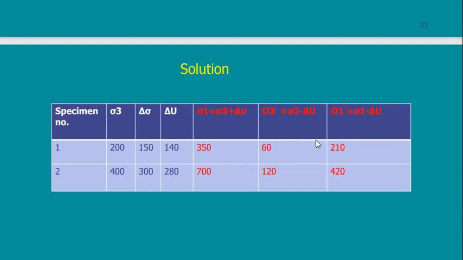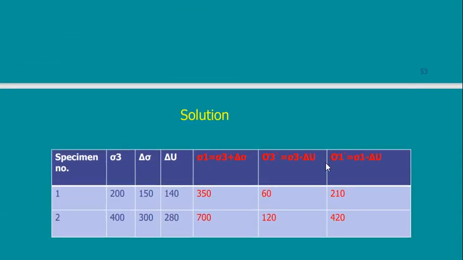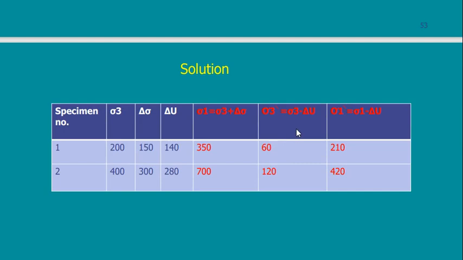What we are going to calculate here is only something due to the effect of water. First, how to calculate sigma 1. Sigma 1 is sigma 3 plus delta sigma. This is similar to what we have done in the previous tests. Sigma 1 is the total of the confining pressure plus the additional stresses that I have put.